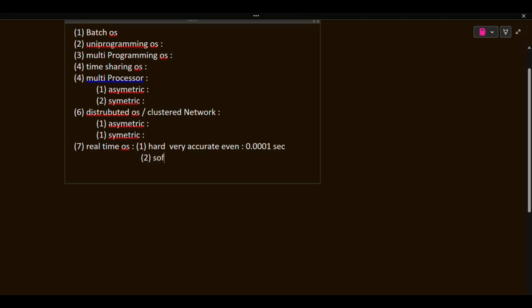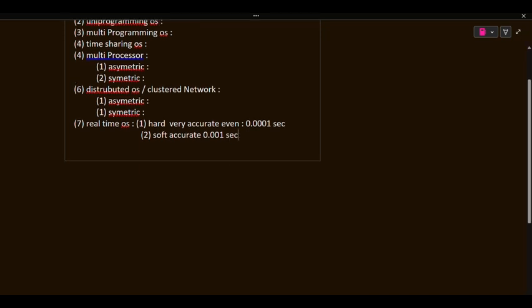And the soft system is also very accurate compared to the other operating systems. These are basically used when the deadline is very strict. This is all about the types of operating systems.